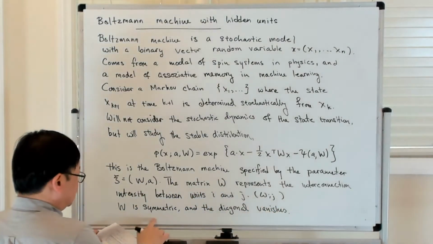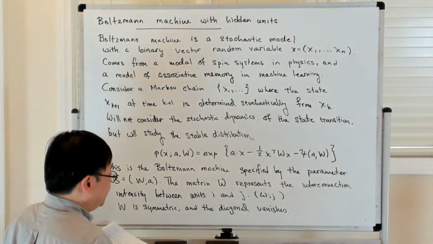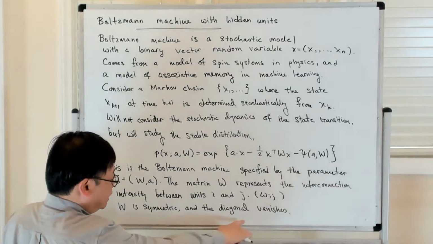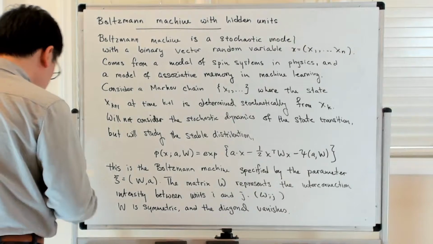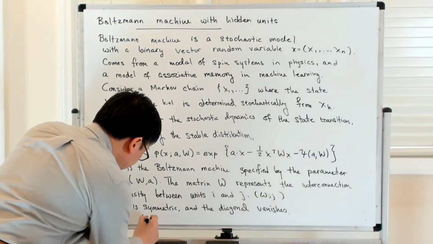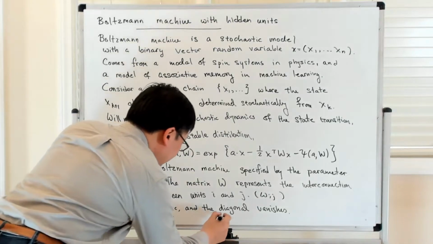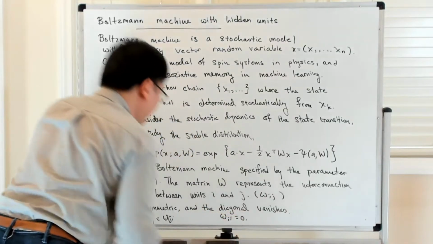The symmetry means that the connection between i and j is equal to the connection between j and i, and no self-interaction means the diagonal term vanishes. So Wij is equal to Wji, and Wii equals 0.